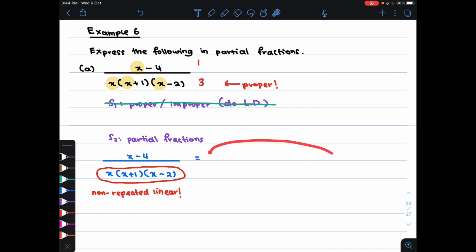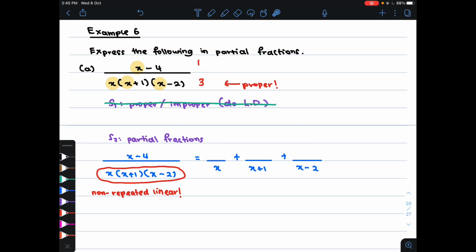On the right hand side, we write them as fractions. Look at the factors. We have x, so write down something over x. Then we have x plus 1, so write plus something divided by x plus 1. And then we have x minus 2, so write something divided by x minus 2.